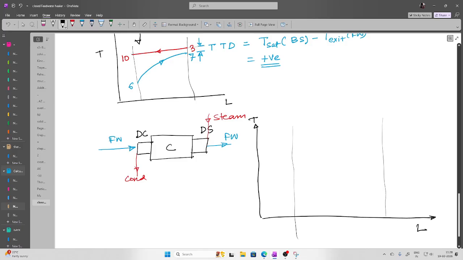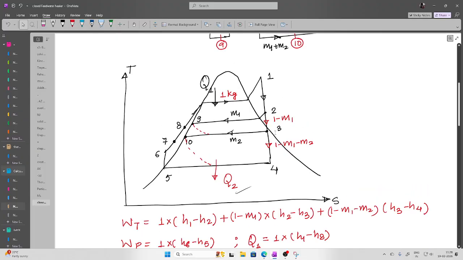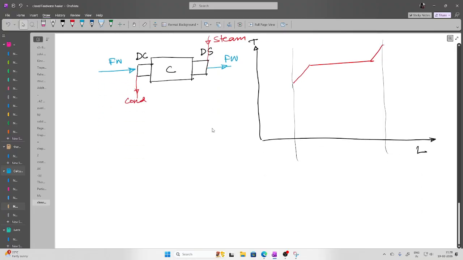So let's say now the steam is entering, and let's say this is what is happening. So why is this happening? Because if I take this condition here, it is from the superheated state. And let's say it is also having some condensation, or below that saturated liquid line, it has to move because of the lower temperature of water.